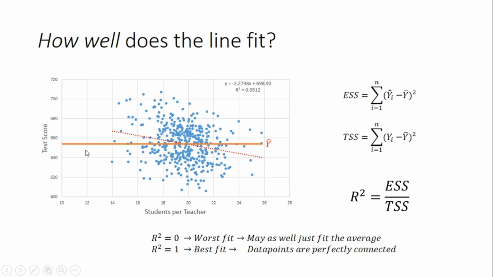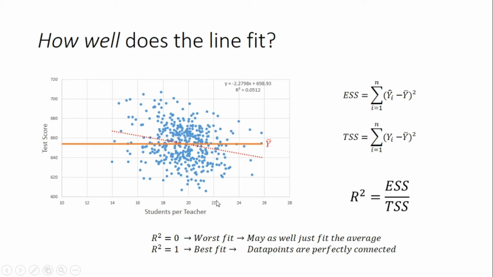If X tells us much more information about the test score, and there's more of a strict trend, then we would expect the R-squared to go up, and we have an improvement upon the simple average. And we see, well, in our case, there is an improvement, and in fact, we find an R-squared of 0.05. Essentially, what this is saying is that 5% of the variation in Y, in this output, is explained by this input, by having knowledge about or having data on the students per teacher.